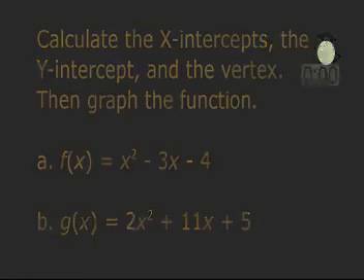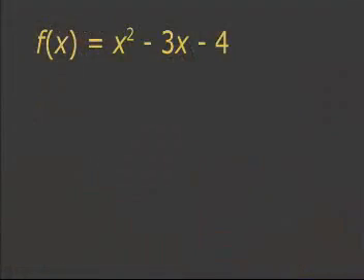Thumbs up. Let's get back to our lesson. Hello again. Let us check our results together. The first quadratic is f(x) = x² − 3x − 4.